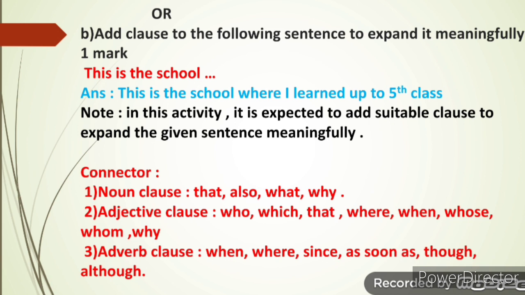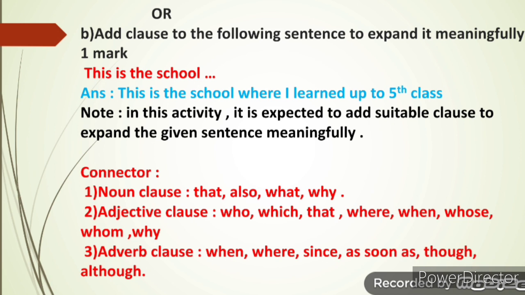For example, this is the school... When you want to join the sentence, use a proper connector. I used where as a connector, then write: this is the school where I learned up to 5th class. So a connector is very important to join the sentence.